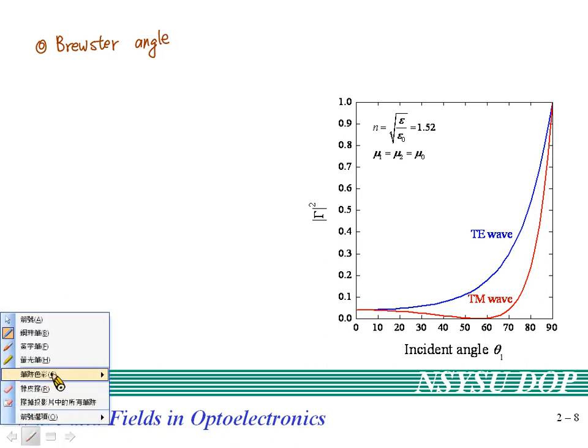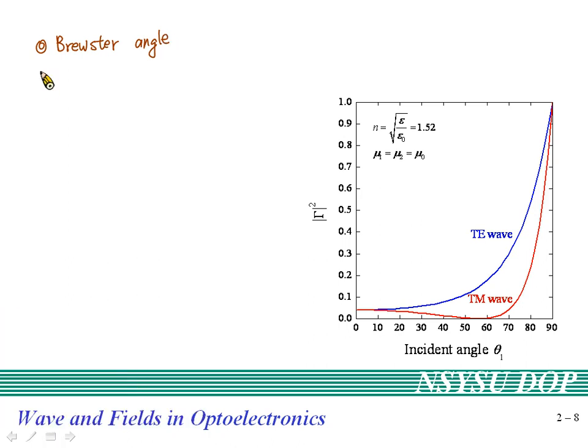The Brewster angle is defined as the incident angle which makes the reflection coefficient gamma to be 0.